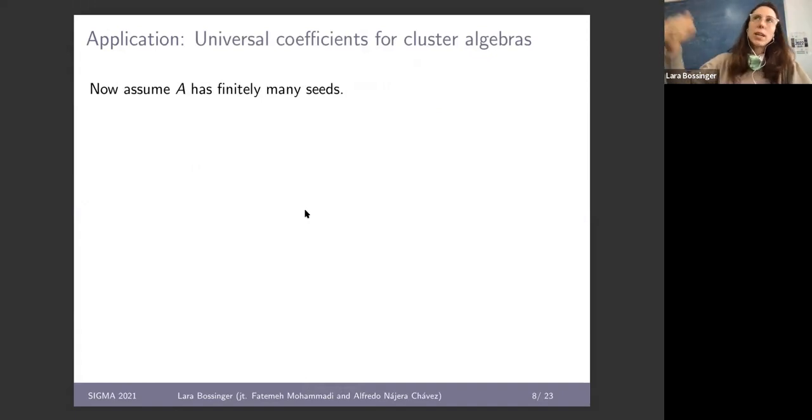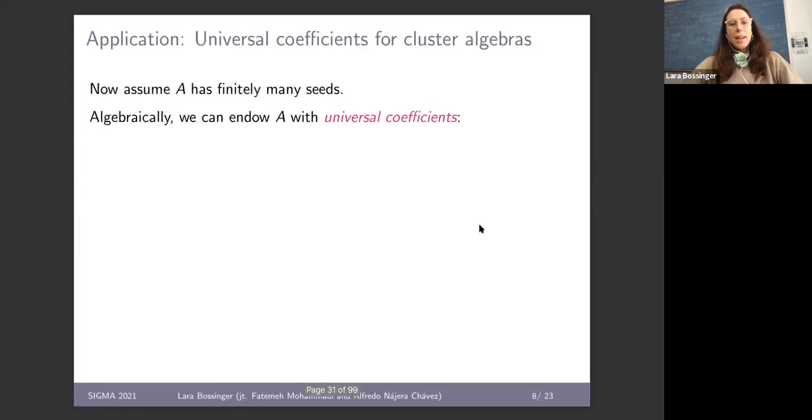Great. So that's how we get toric degenerations from the cluster algebra perspective. But there's one more thing we can do with cluster algebras that's pretty cool. That's called universal coefficients. So the idea is now, for simplicity, I will assume we have finitely many seeds, so that all these results and statements are a bit more tractable, but these constructions work more generally. And the idea is that we deform the cluster algebra not with respect to only one seed with the principal coefficients, but with respect to all seeds at the same time.